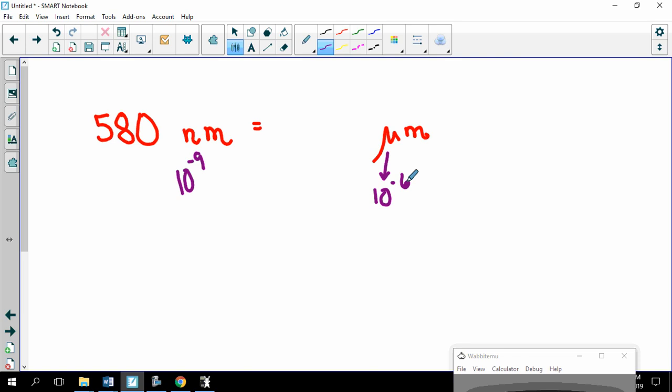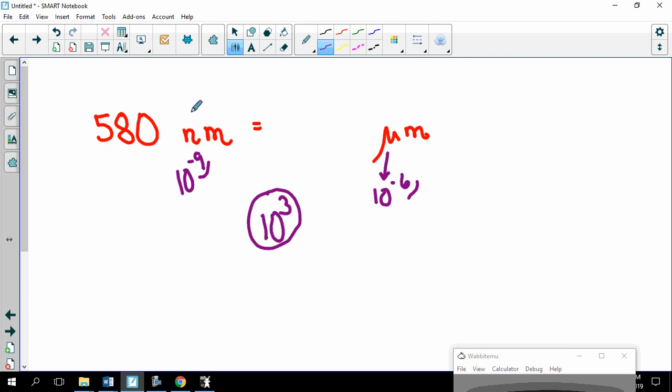Now, I know that nanos are smaller than micros by 10 cubed, because the difference in 6 and 9 is 3. There's 3 tenths different. So I know that there's going to be a shift of 3 one way or another.